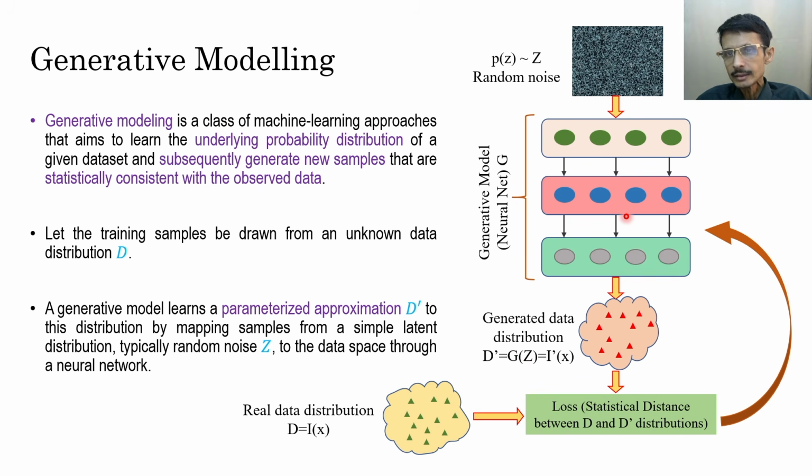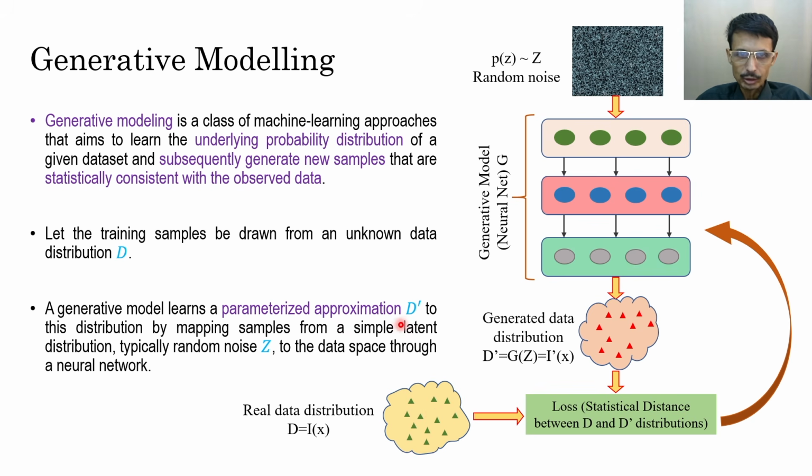And what we want to do is update this theta so that we can find the generator which generates more accurate samples, more similar to the real data distribution.